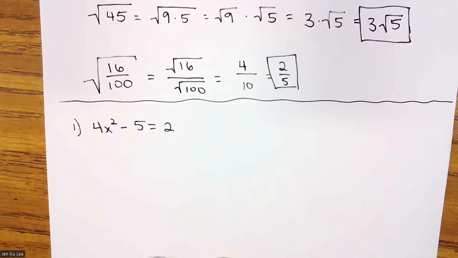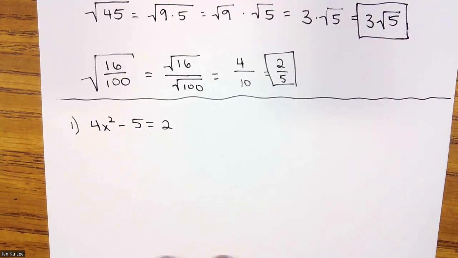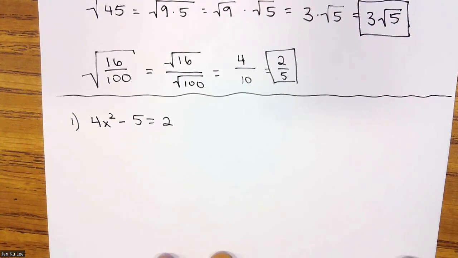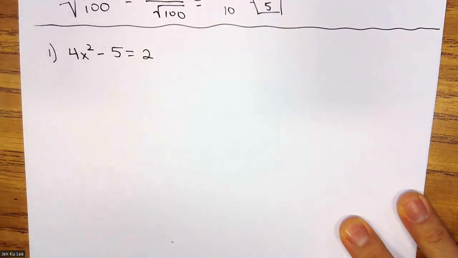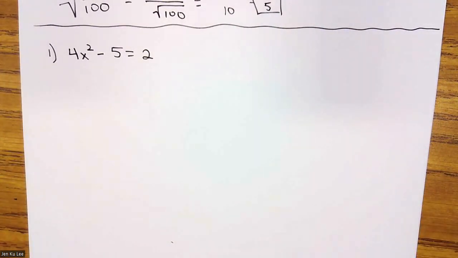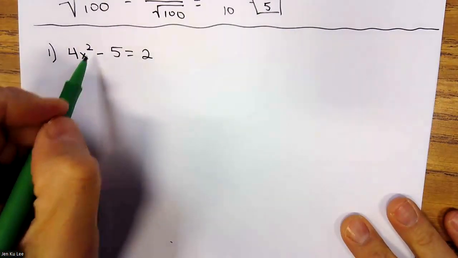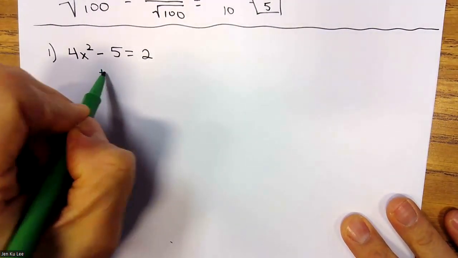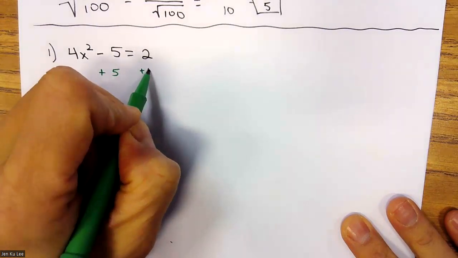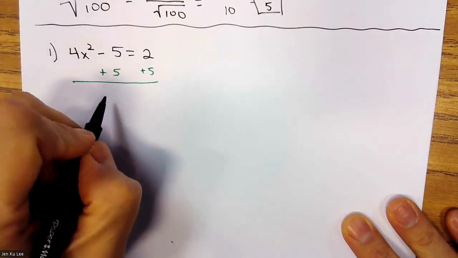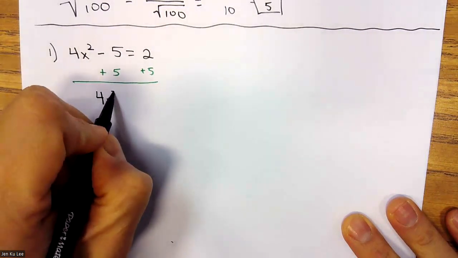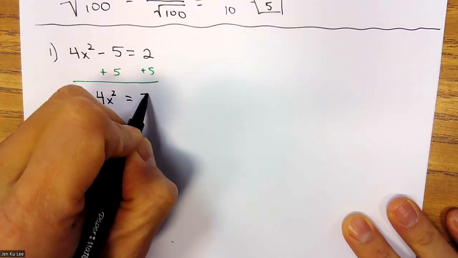Okay? So how we're going to solve this is we are going to add 5 to both sides first and try to isolate our x squared. Okay, so we're going to add 5, add 5. So we're left with 4x squared equals 7.